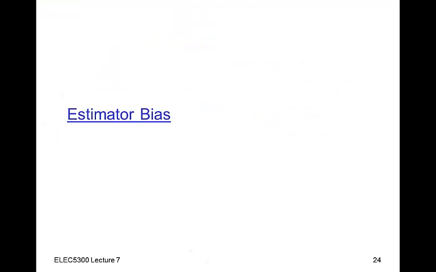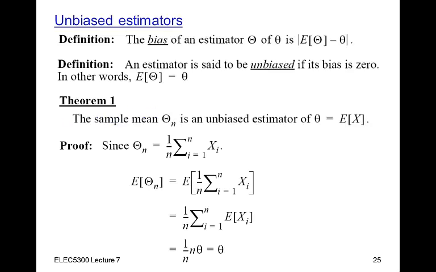So the first thing we want to look at is the idea of the bias of an estimator. The bias of an estimator is just the difference between its expected value and the actual value that we're trying to estimate. What this really means is that if I ran this estimator many times, each time I'm probably not going to get the exact value of theta.